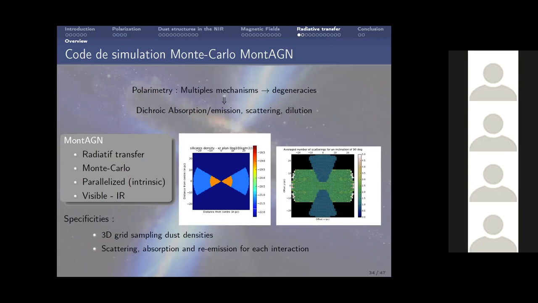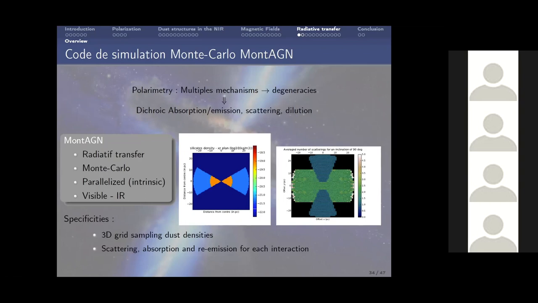So this is just a rapid summary of the basic idea of the simulation. The idea was to get this radiative transfer code to simulate the AGN environment, so we wanted a 3D grid sampling dust densities to be able to specify exactly where we want the dust to be located, and to have a choice in the dust population.